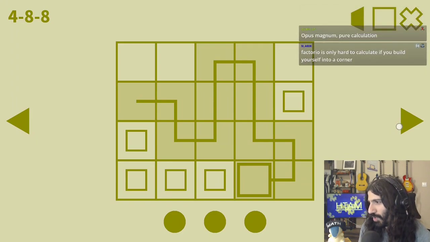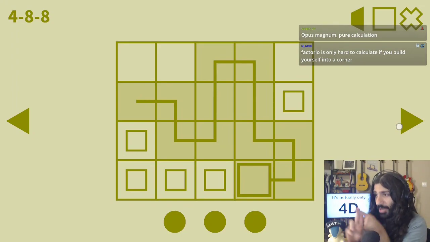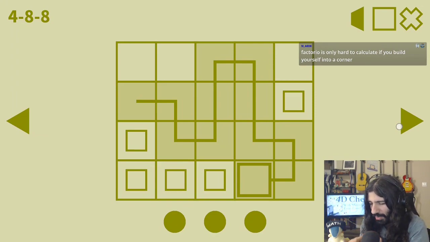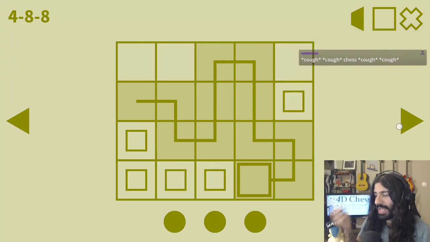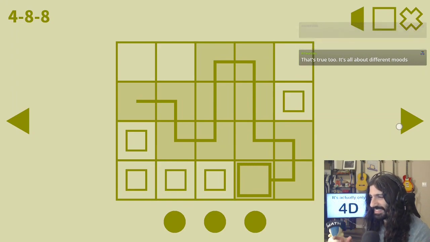Opus Magnum is pure calculation, but you can solve pieces of the puzzle in both Sudoku and Opus Magnum and make incremental progress that adds up to the big solution. Whereas certain puzzle games, like sometimes Baba Is You, or sometimes this game, I guess, you have to sort of calculate.